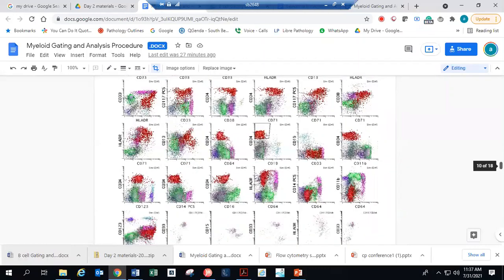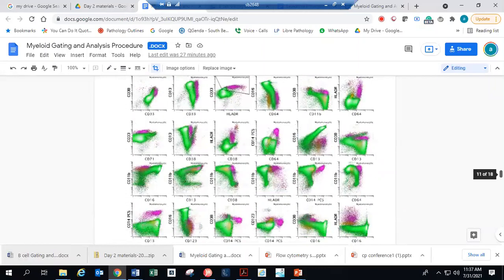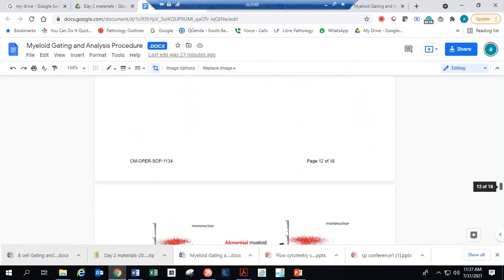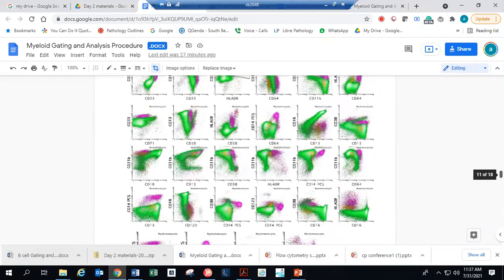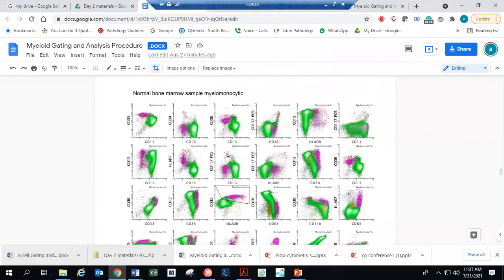So that's about it. Let's go to how they have shown an abnormal blast population, but let's go sequentially. This is similar to what we have been reading about myelomonocytes, and I don't want to repeat it again and again. But brighter HLA-DR, monocytes, dimmer CD15, a little bit brighter CD38.